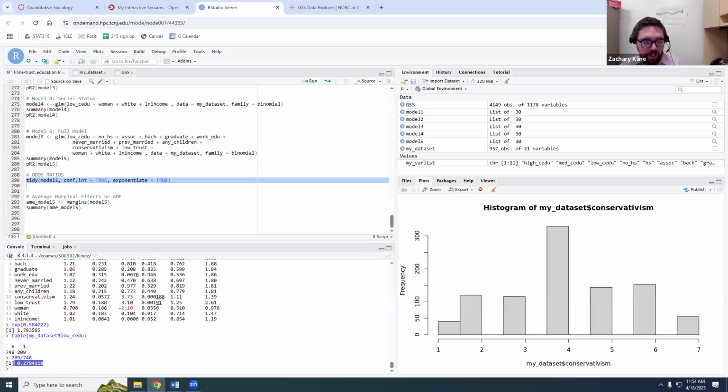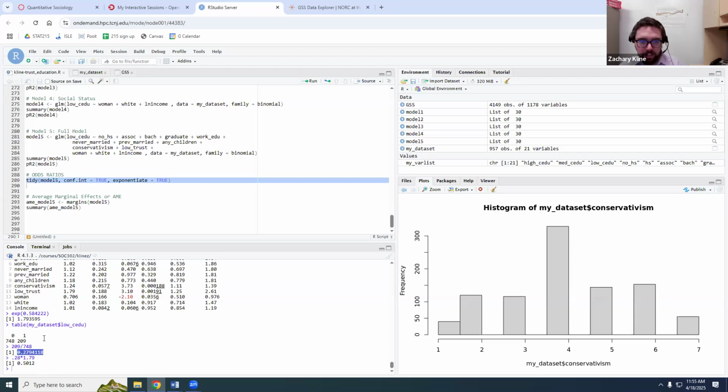This is saying essentially, if the probability for someone without low trust was 0.27, then we take the 0.27 and multiply it by 1.79, and the probability will be around 50% for those with low trust. So if this was the probability for those without low trust, this would be the probability for those with low trust. That's why this number is 79% greater than this number.